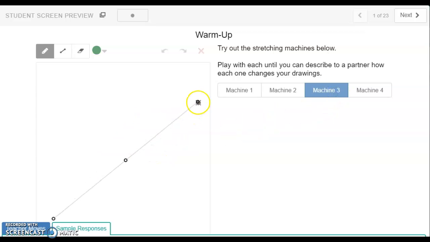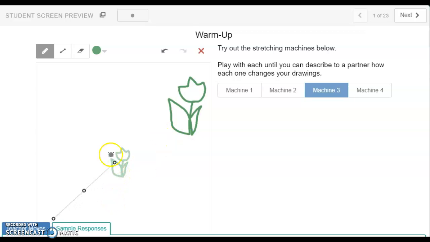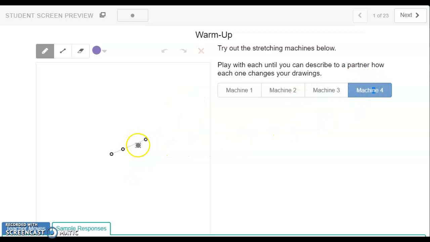What about this? I am creating my image here, but the image that I've created is actually smaller, so we call this reduction. And then finally another image. Okay, and look what happened.